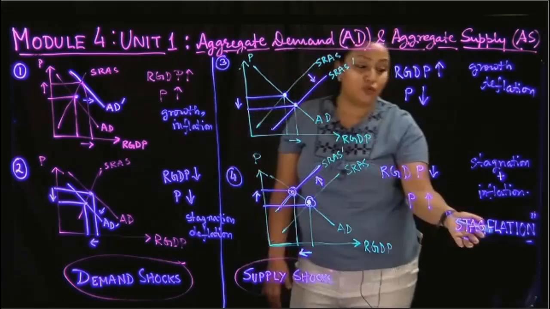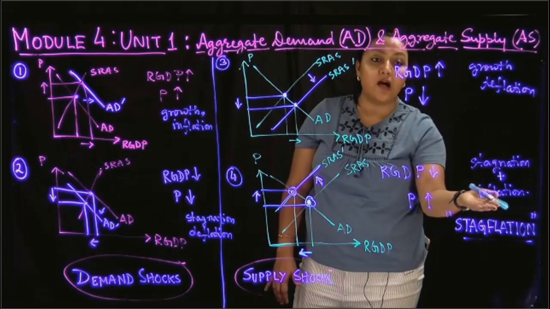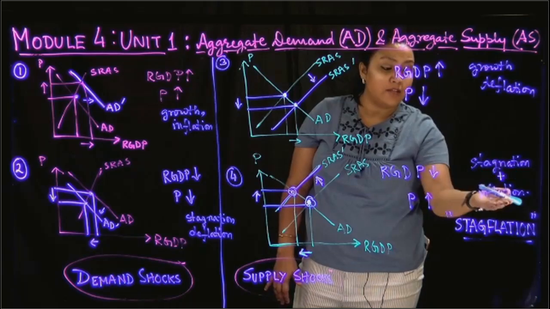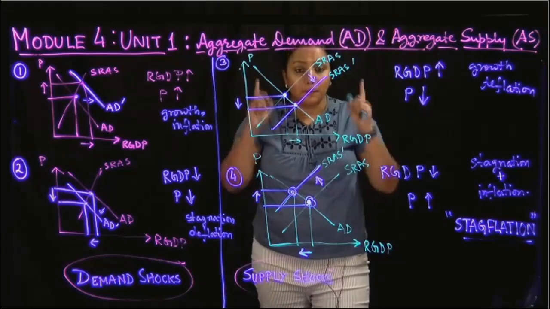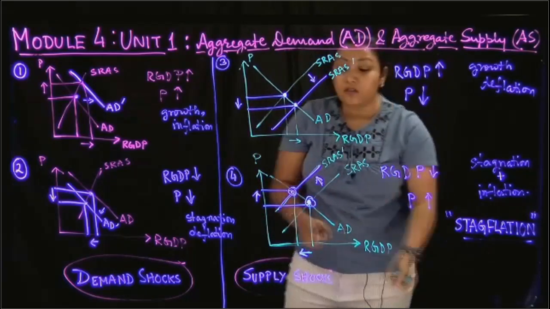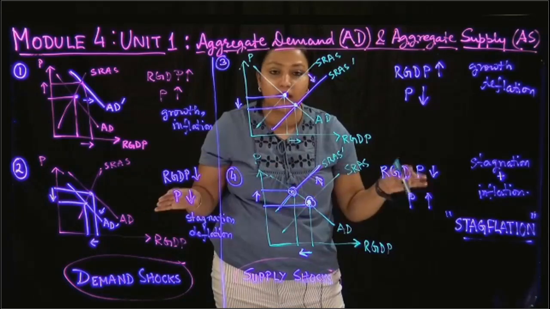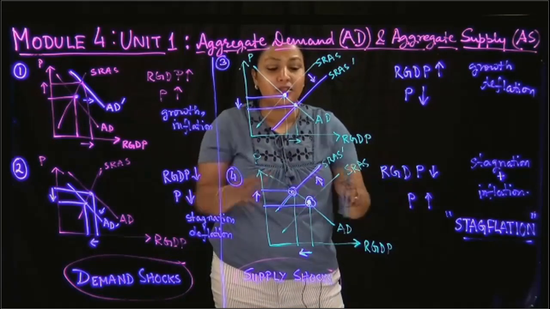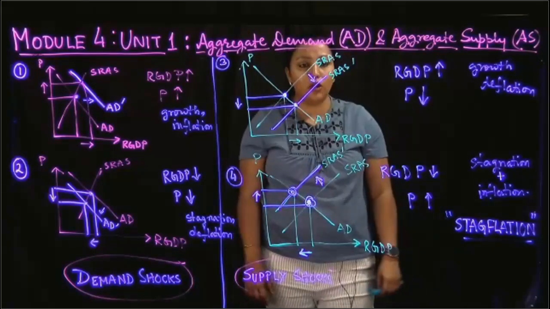We are talking about situations like that. No growth, and at the same time the prices are rising. So stagnation and inflation happening together is called stagflation. Please note that stagflation can only be caused by a negative supply shock to the economy and no other kind of shock. That's the reason the negative supply shock is the worst kind of shock to an economy.